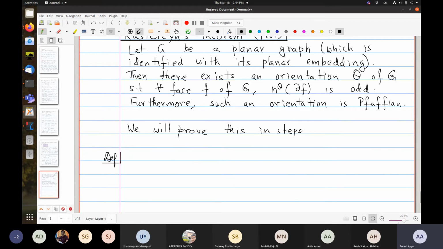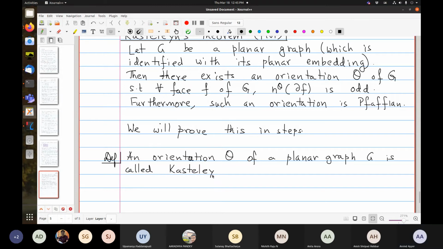First I'll define this clockwise motion. An orientation O of a planar graph G is called Castellane if NO of delta F is odd for all faces F. That's the notion we need here.